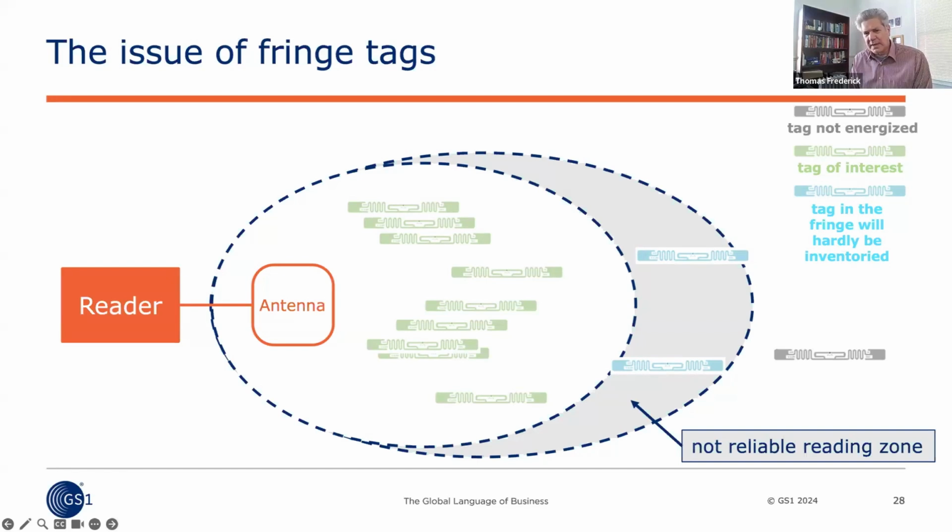It looks like there are more tags in the read zone than are able to actually complete the inventory cycle, so the frame gets bumped up. Once a tag is open for access, then it's no longer an issue.